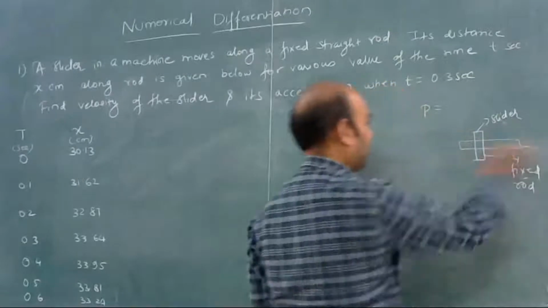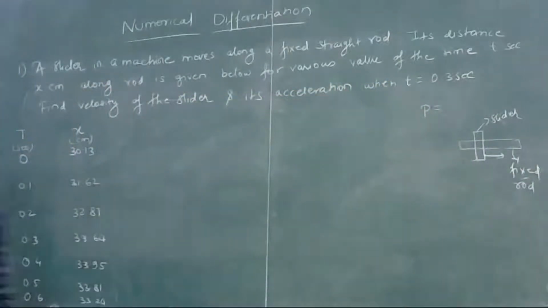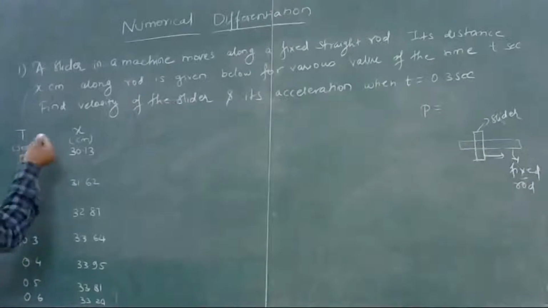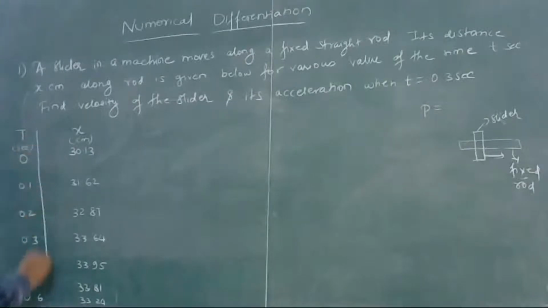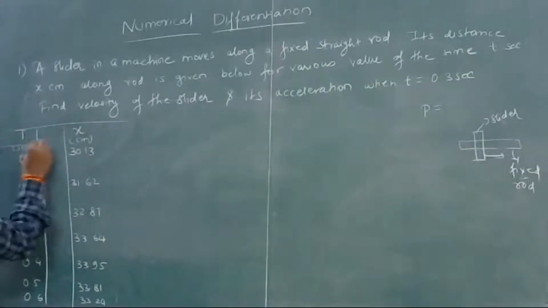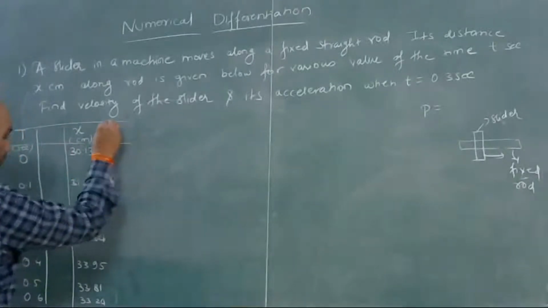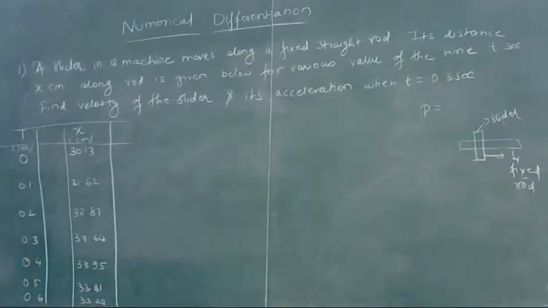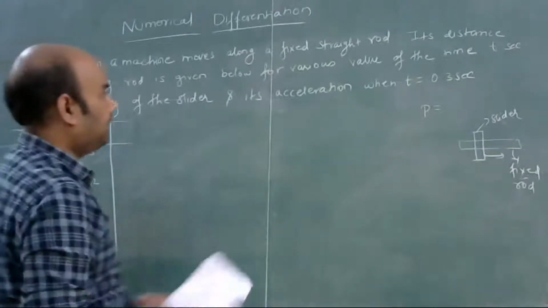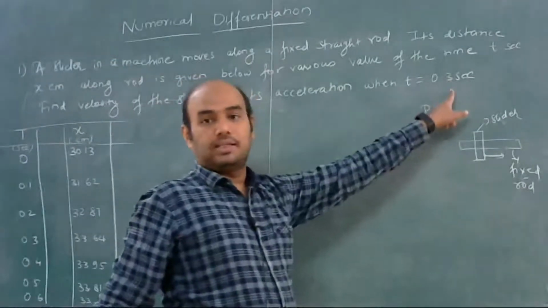So this is sliding on this fixed rod. Okay, so you have to find the value of velocity and acceleration. Okay, so we have to find the value of p. Okay, so we have to find at t is equal to 0.3 seconds.